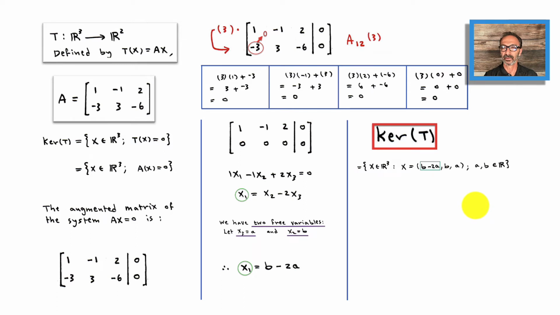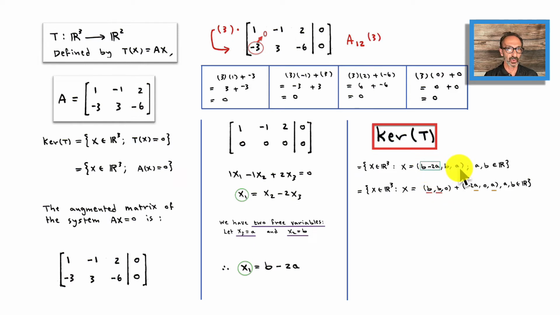Moving on. Now, to simplify this even further so we could read the basis for the kernel and identify the dimension, I need to separate this, focusing on b and a as scalars. Writing the b's only without a's, it's b here and b here and no b's here, so 0.